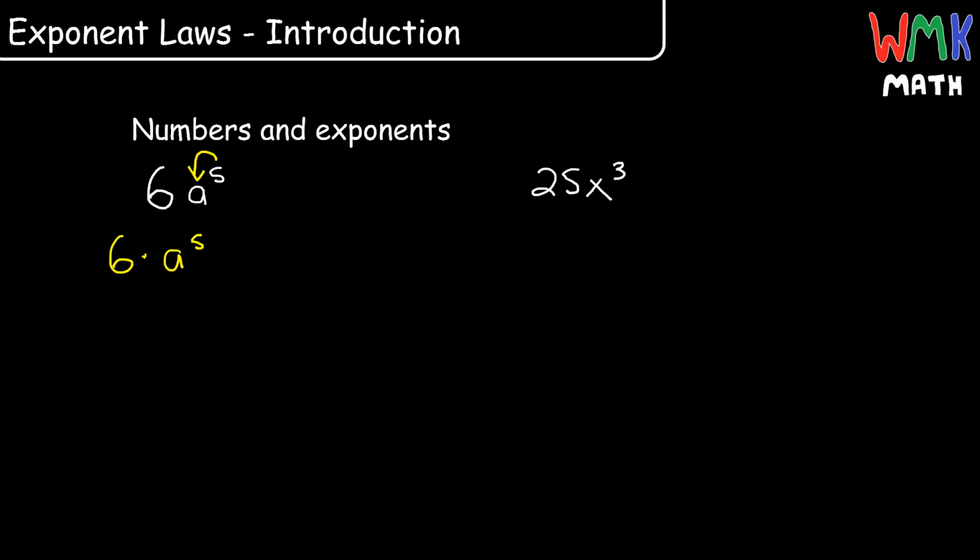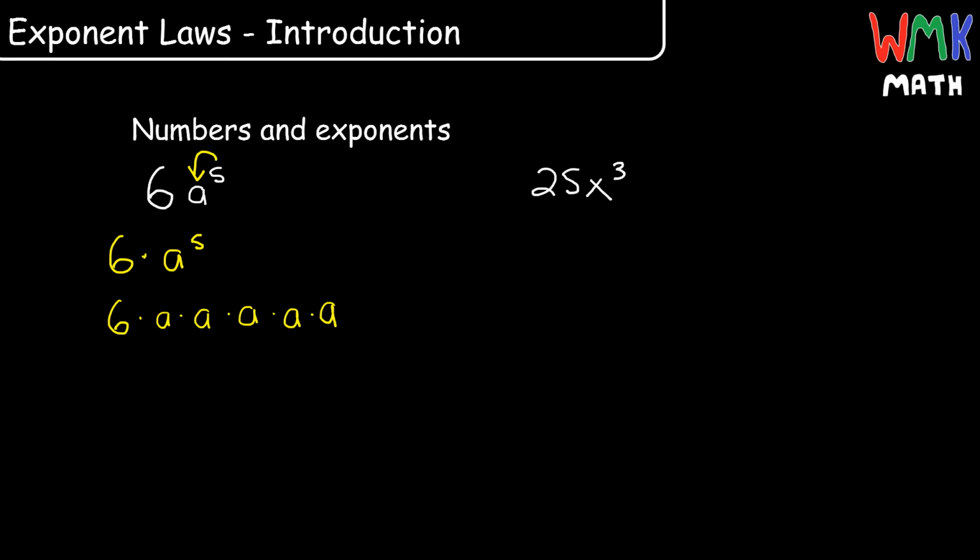So we have the number term and we have the variable term. If we were to expand this further, a to the 5, it gives 6 times a times a times a times a times a. And 6a to the 5 means 6 times a 5 times. And that's how we expand this properly.